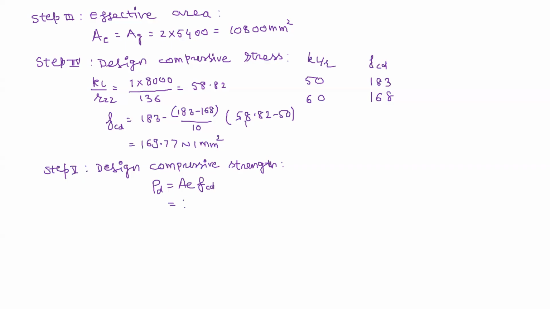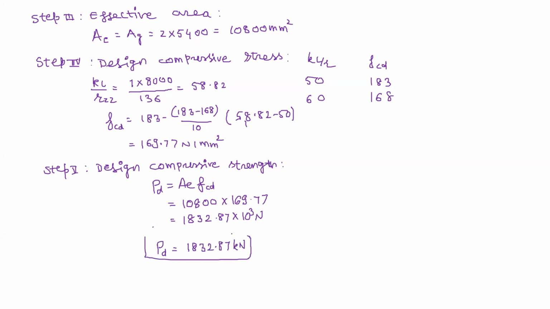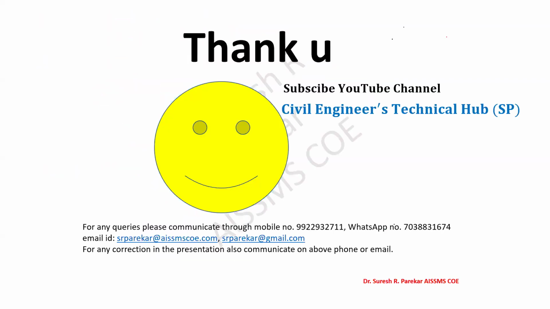AE we have 10800 into 169.77, and we get value of PD as 1832.87 into 10 raised to 3 Newton, and therefore design compressive strength of column is 1832.87 kilonewton. So likewise, we have to find the strength of the column. So now we will stop here only. Thank you.